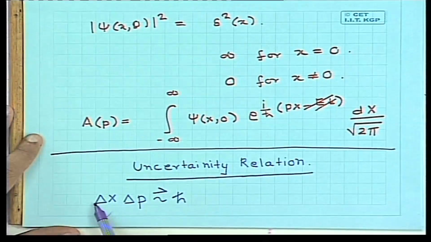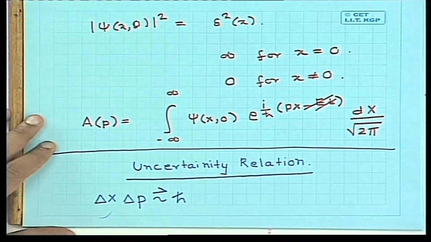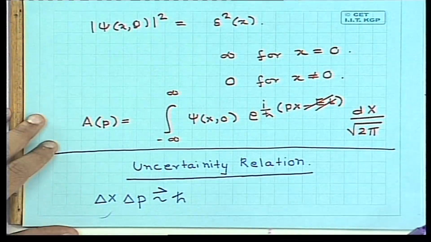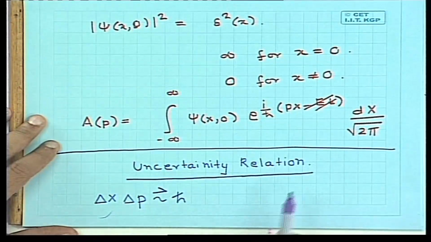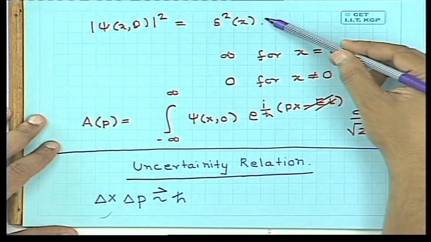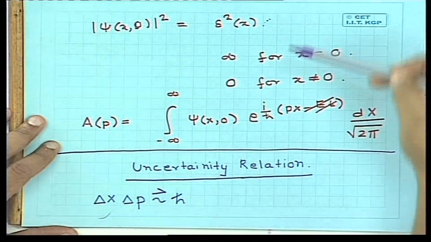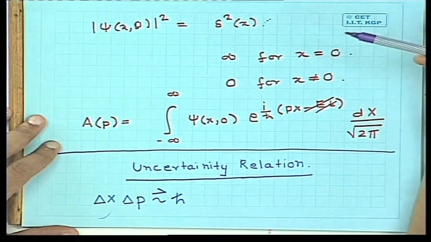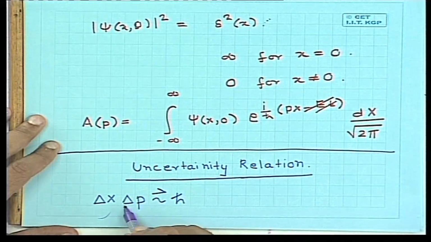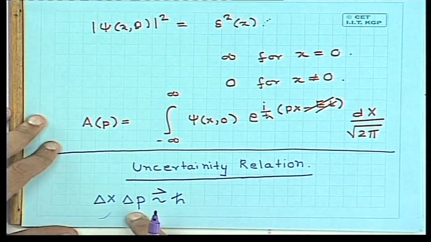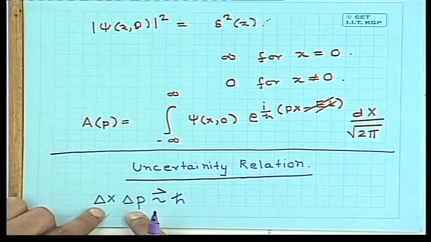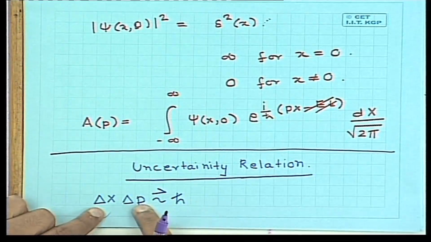So if you make the delta x very small, that is, you have got full position information, in the Dirac function case, delta x is 0 because we know that the particle is at the origin. Then you have delta p infinite. If this is 0 and this is finite, then this has to be infinite.